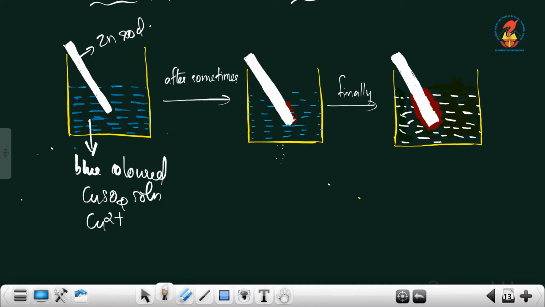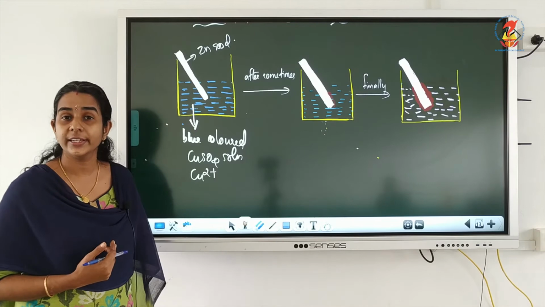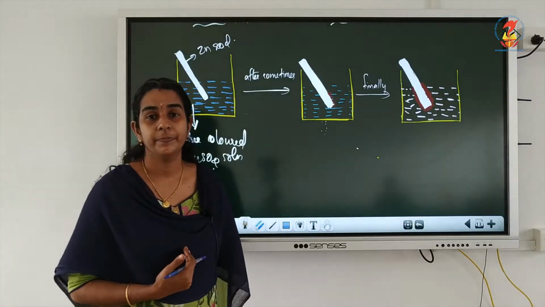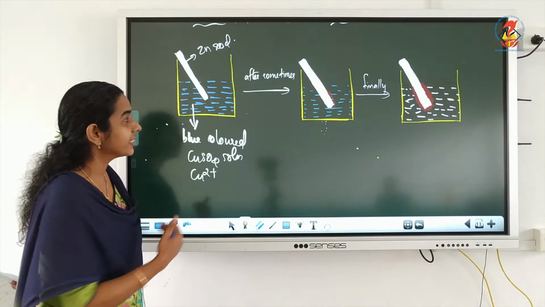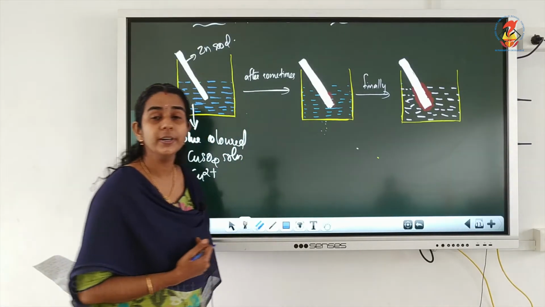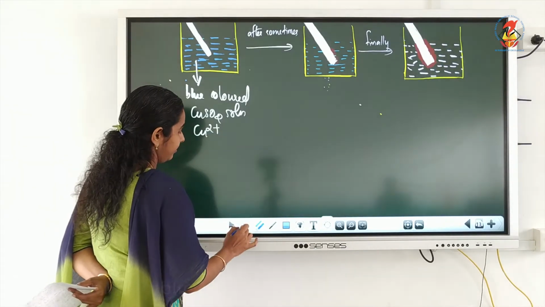After some time, what can we observe? We know that zinc is more reactive than copper, isn't it? So what happens? Zinc will displace copper from copper sulphate. How can we write the equation?